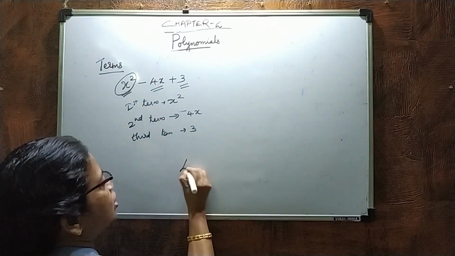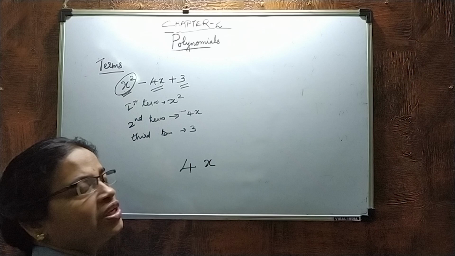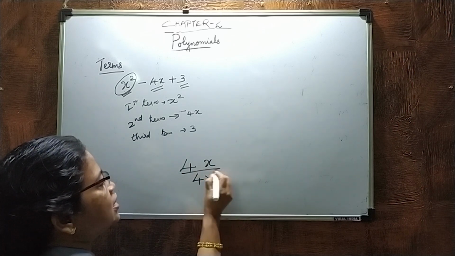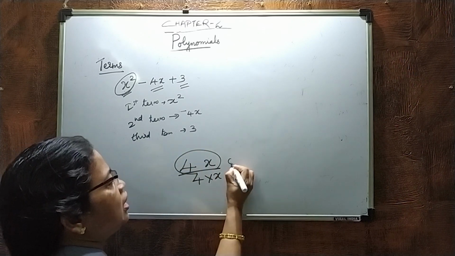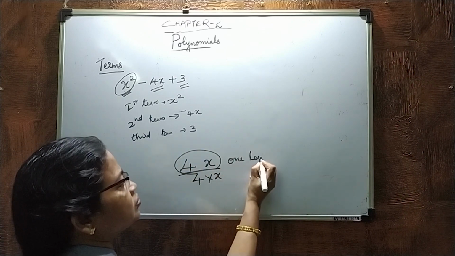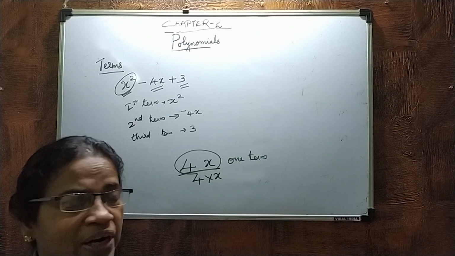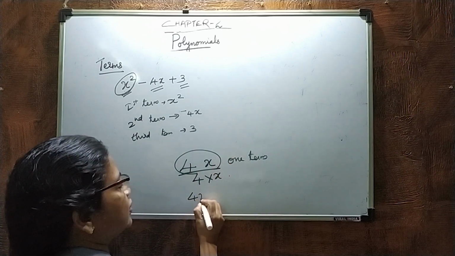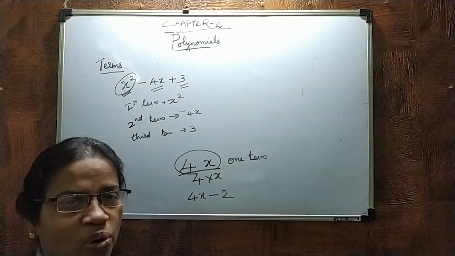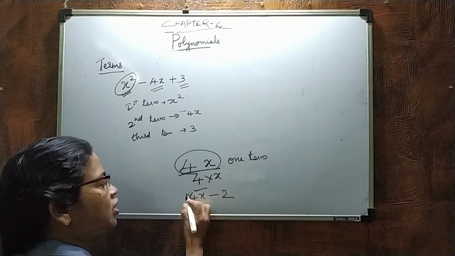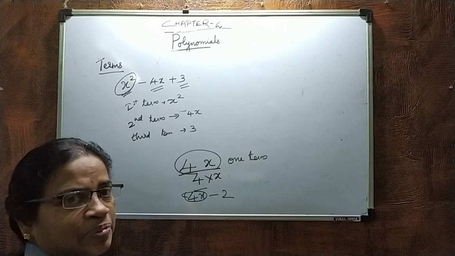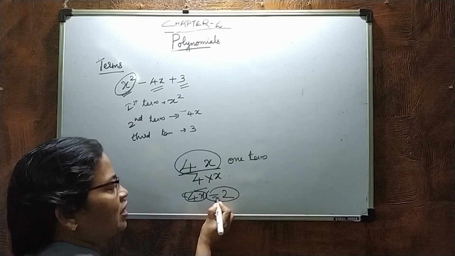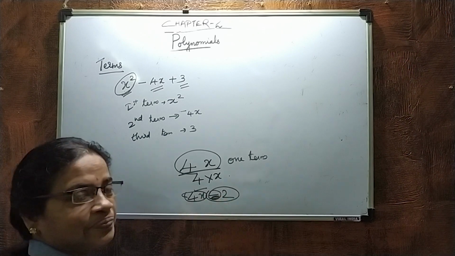Suppose it is 4x, which means 4 into x. We call this only one term. Suppose it is 4x minus 2. Now two terms are there: 4x is one term and minus 2 is another term, connected with the minus sign.